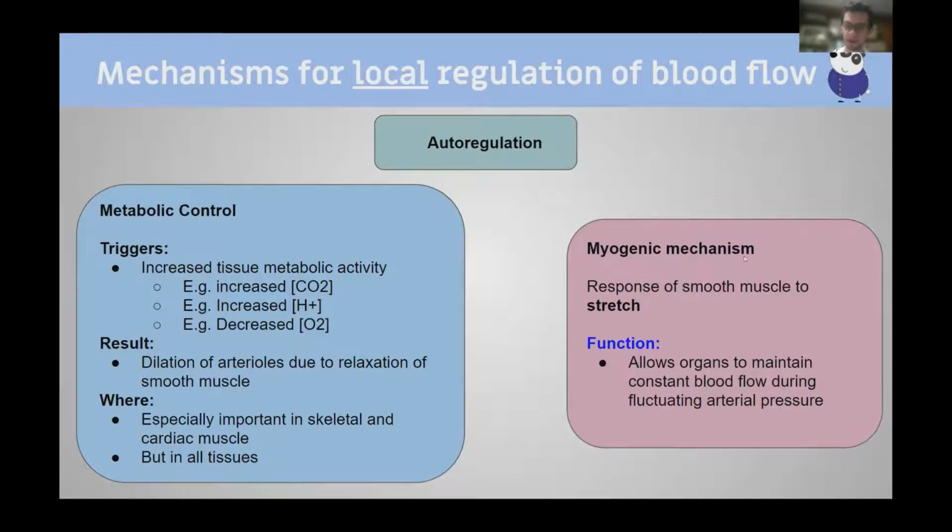This is primarily for kidneys, but it's present everywhere. You don't want your blood supply to fluctuate on everyday, day to day things. So this is a protective mechanism to make sure blood flow is consistent. Again, this is most important in the kidneys, which you haven't learned about, but it is something to keep an eye out for.